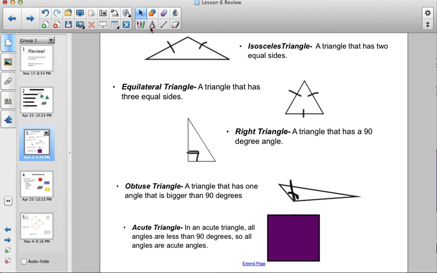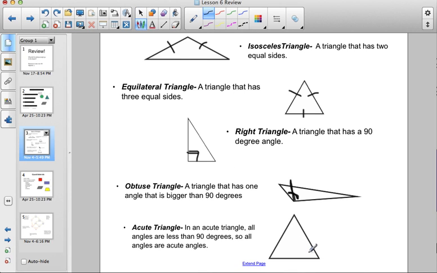Okay, next, or finally, we have an acute triangle, and in an acute triangle, all the angles are less than 90 degrees. Oh, I think I just deleted it. Okay, so as you can see, this is an equilateral triangle also, because all 3 of these sides are the same.